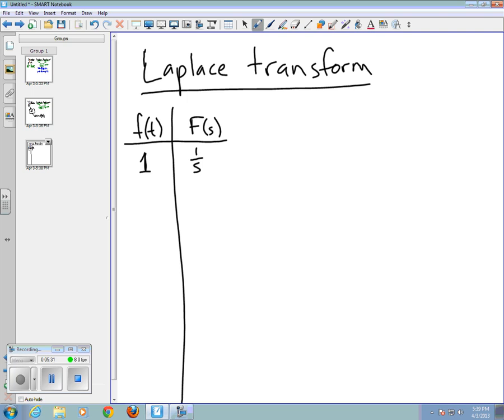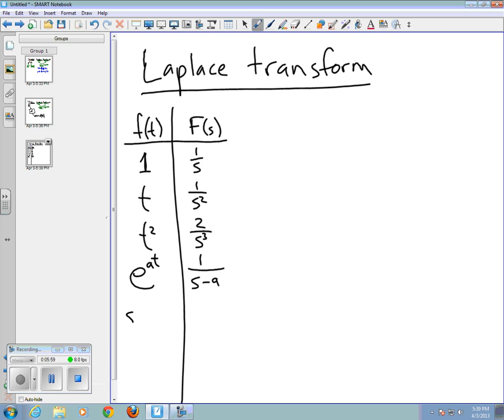If little f of t is just t, then capital F of s is 1 over s squared. And if little f of t is t squared, then we get 2 over s cubed. We could go on and give other powers of t, but let's move on. If we have an exponential e to the at, then the Laplace transform is 1 over s minus a.